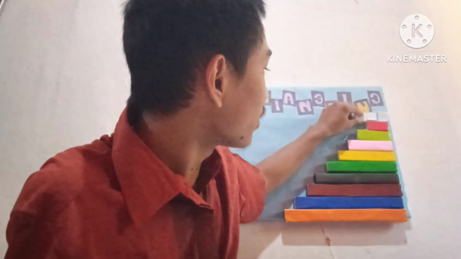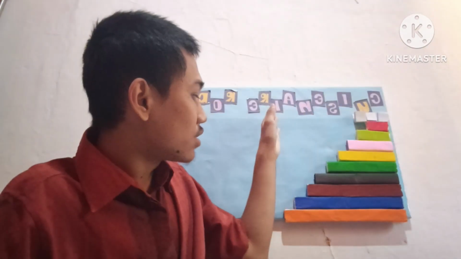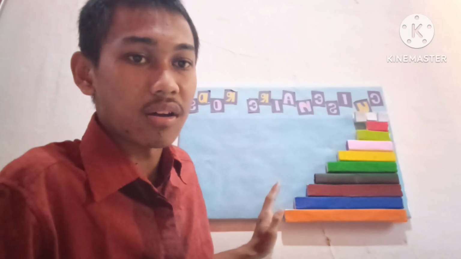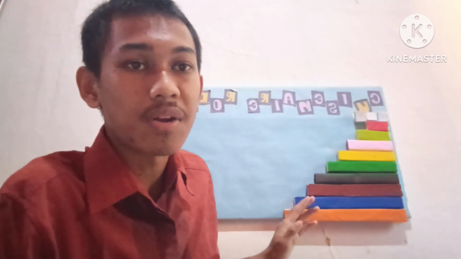And if we add one more white rod here, it will equal one light green rod, which means one light green rod is 3 units. And if we add more white rods here until it's equal to the orange rod, the orange rod will represent 10 units.